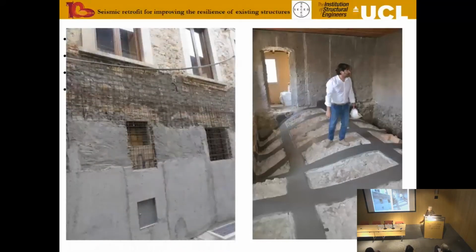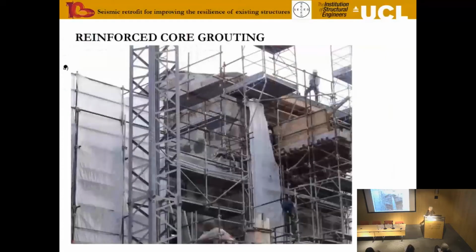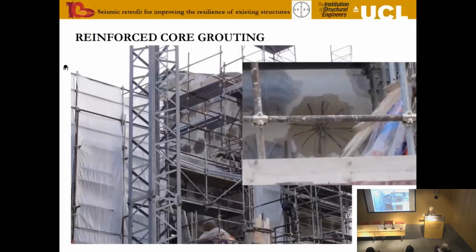As I said earlier, shotcreting should not be used, but we saw plenty of that in L'Aquila as we were going around during our recovery missions, some 3 or 4 years after the earthquake. I also mentioned that reinforced grouting should not be done, but here you have plenty of them.